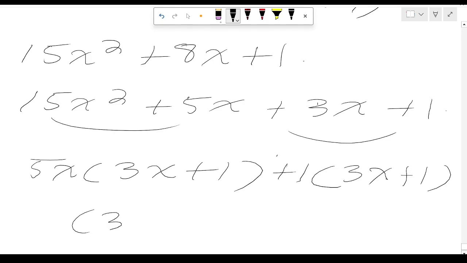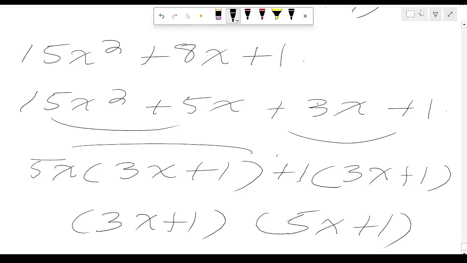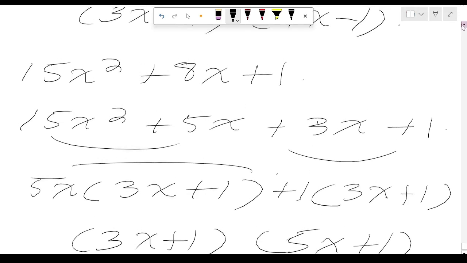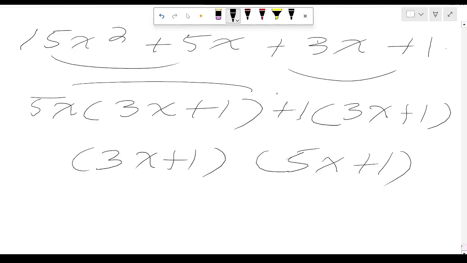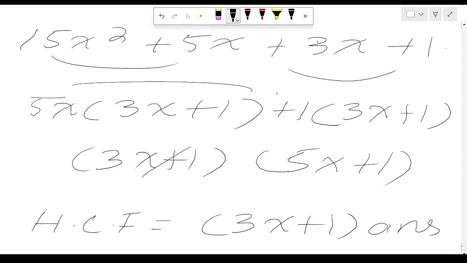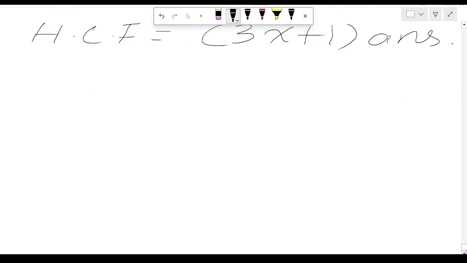So we have 3x plus 1 as the first factor and 5x plus 1 as the second. Now I need to find the HCF between them. Here we have 3x plus 1, which is common in the first and also common in the second. So the HCF of question number 6 is 3x plus 1, and this is your answer.